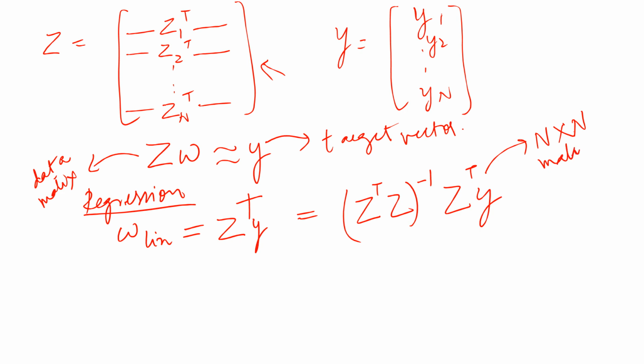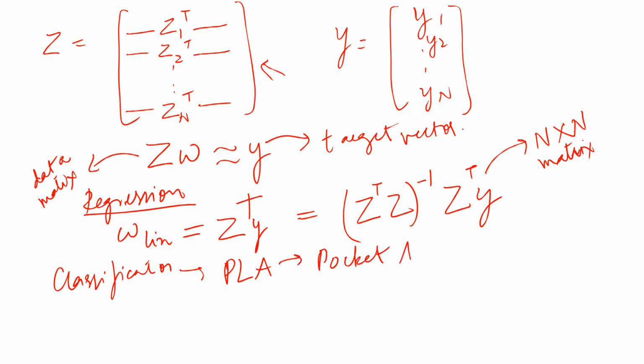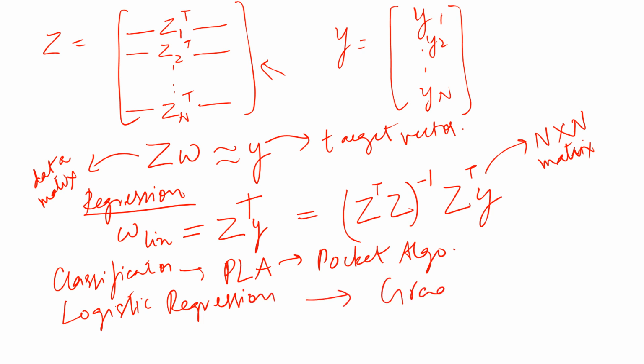It's a square matrix, which is good news. Similar to regression, for classification I have the data matrix and the unknown weights, so I can use PLA, or improvise and use the pocket algorithm to get the weights. And if I'm solving a logistic regression problem, I think it goes without saying that I can use gradient descent because I have formulated my model.